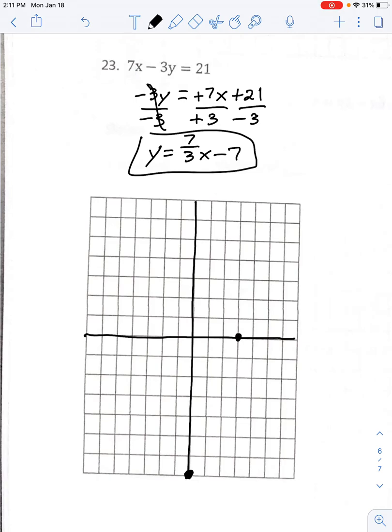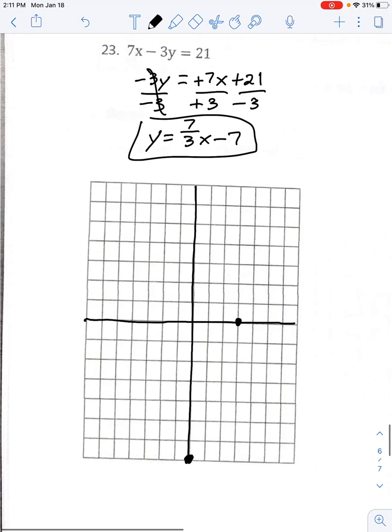Then we can actually do it again. Up 7, which would go all the way to the very top, and then right 3 again, which would be all the way up here, and then we draw our line all the way through the graph like so.